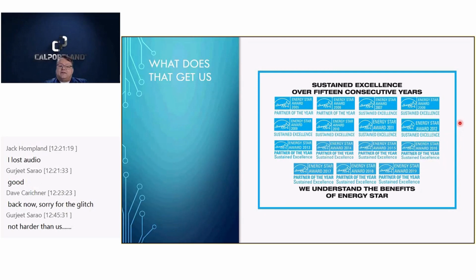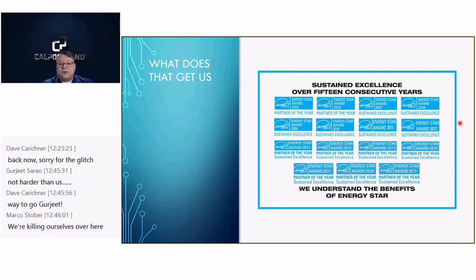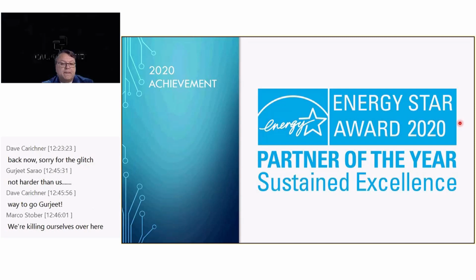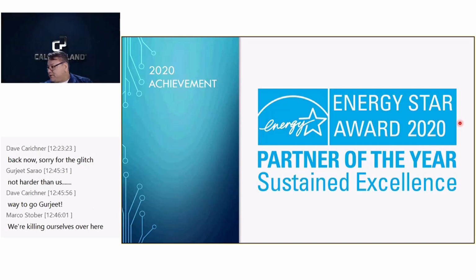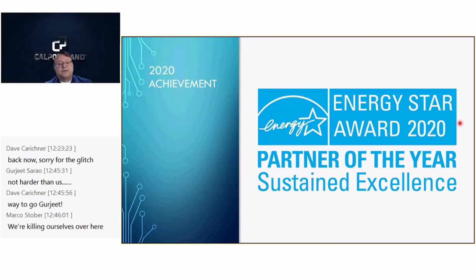And for us, what does that mean as a company? Recognizing us. So 15 consecutive Energy Star awards, and guess what? 16. 16 years in a row, we are the Energy Star Award winner for 2020. We were supposed to be at the Energy Star Awards next Thursday, but obviously that got canceled as far as the physical meeting, but we still are going to win the award.